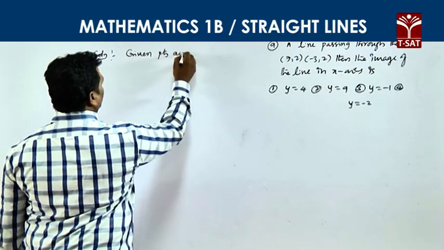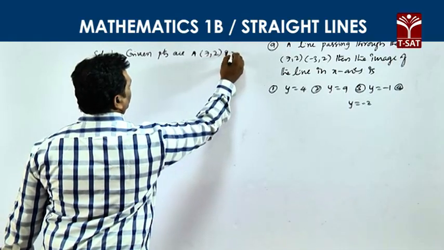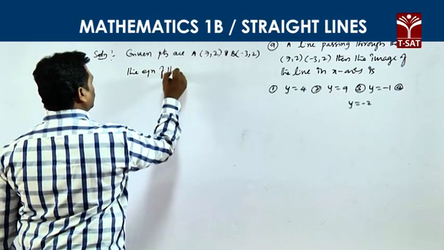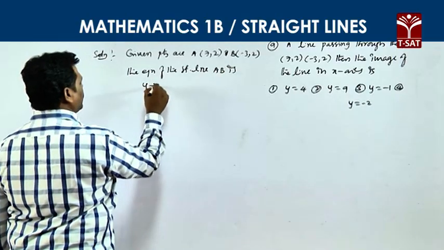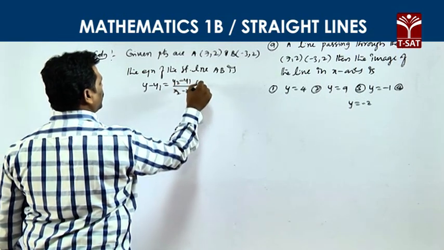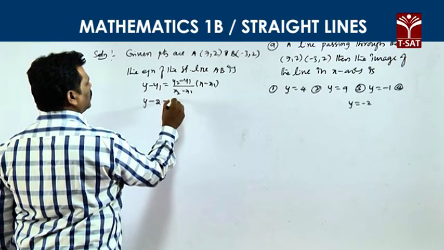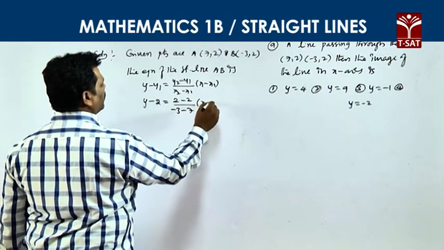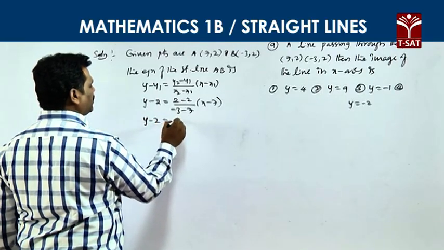Given points are A(7, 2) and B(−3, 2). The equation of the straight line AB is y − y1 = (y2 − y1)/(x2 − x1) into (x − x1), so y − 2 = (2 − 2)/(−3 − 7) (x − 7). y − 2 = 0, since 0 by something is 0.